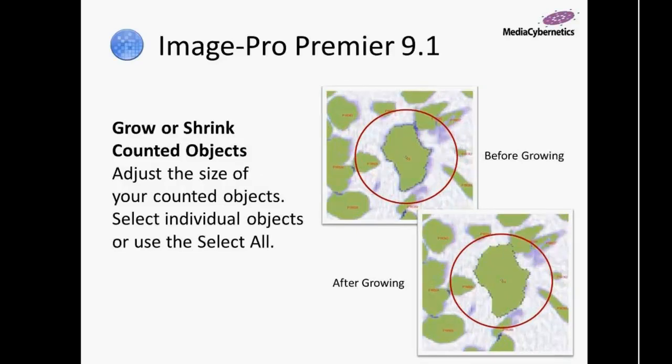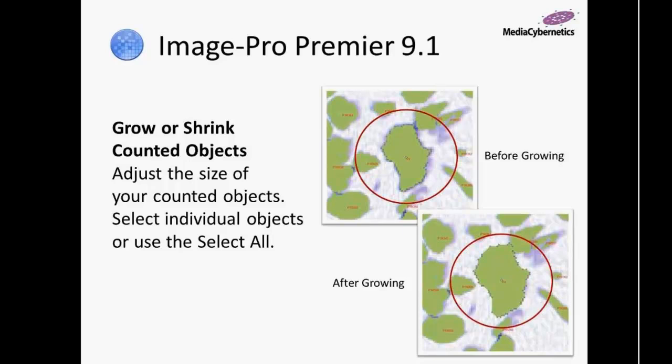There's also another option that we've added to Image-Pro 9.1, which is that we can shrink or grow, erode or dilate your selected objects. So if you have something that's only segmenting just a little bit off, or you need to take it a bit beyond the segmented areas, we can actually reach and grow our objects of interest. Again, by selecting all of them or selecting a particular few, we can now grow those.